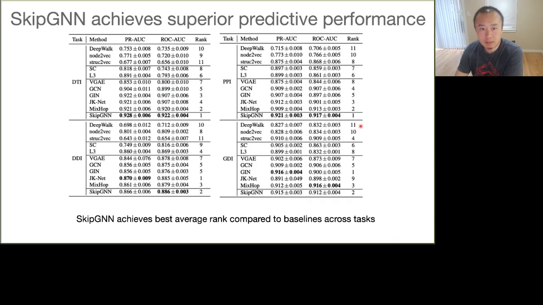Okay, so now let's look at some of the experimental performance of SkipGNN compared to many different baselines on four different tasks: drug-target interaction, drug-drug interaction, protein-protein interaction, and gene-drug interaction. Overall, SkipGNN achieved the best average rank compared to all these different baselines across these four tasks, and that shows the robust performance of SkipGNN.